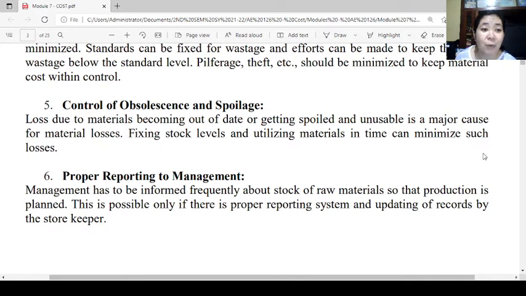Fifth is the control of obsolescence and spoilage. This is the same as number 4. Loss due to materials becoming out of date or spoiled and unusable is a major cause for losses. Number 6 is proper reporting to management. Management has to be informed frequently about the stock of raw materials so that production is planned and will go according to the schedule.